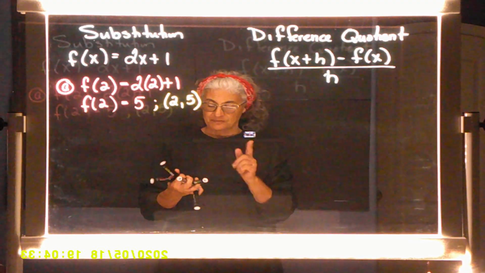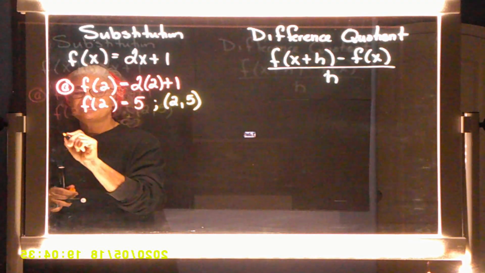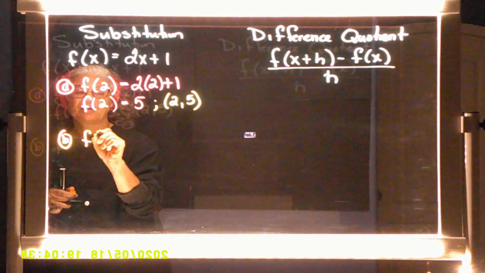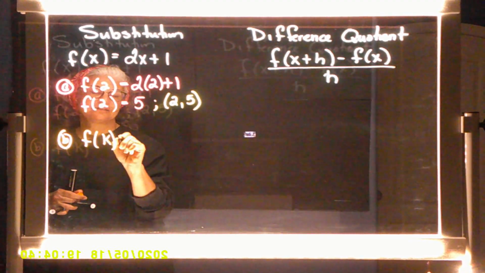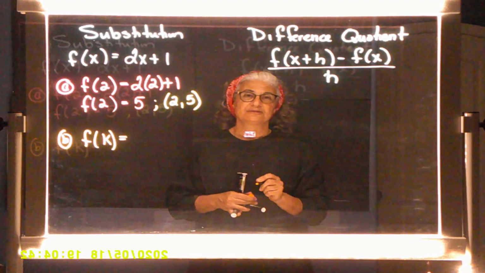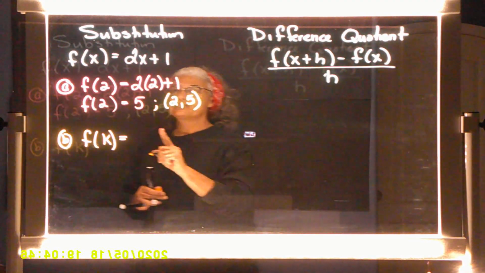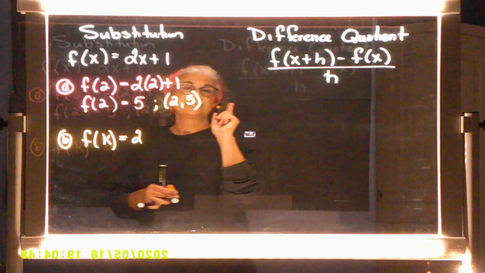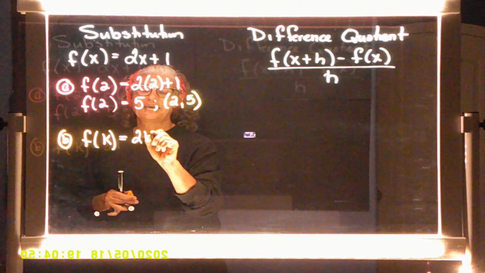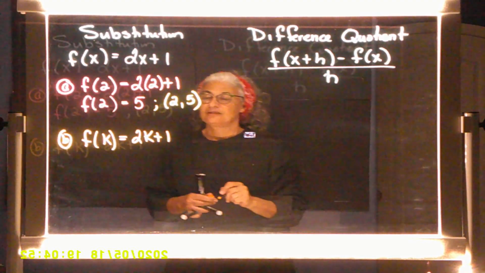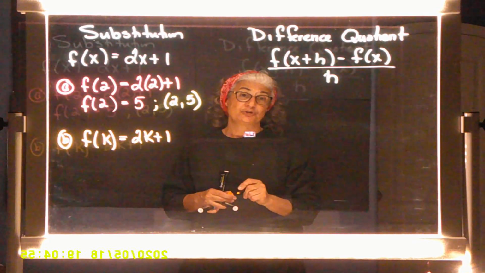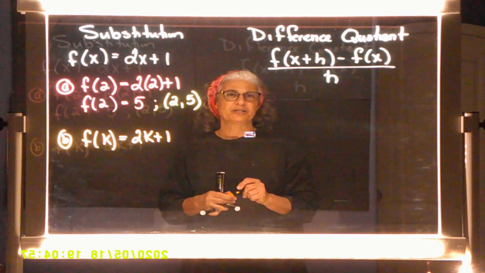Cool? Okay. What happens if they said f of k? So now what does x equal? Good. X is now equal to k. So instead of saying 2 times x, you would say 2 times k plus 1. And that would be about all you could do with that. And you're like, can you still write a point?